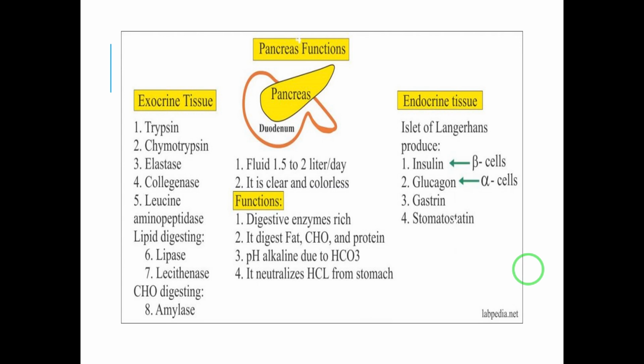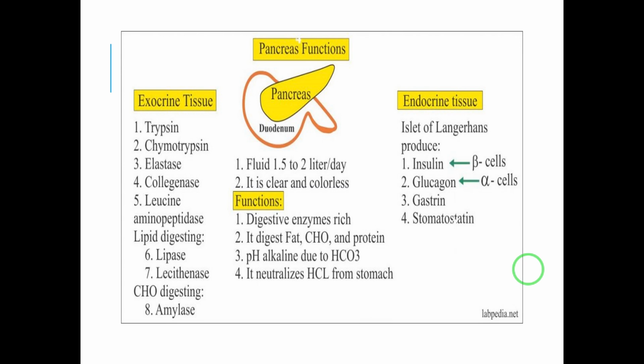The enzymes that are secreted from the pancreas are of many types, but we can divide them into enzymes that digest protein. We call them proteolytic enzymes, which are trypsin, chymotrypsin, elastase, collagenase, and aminopeptidase.